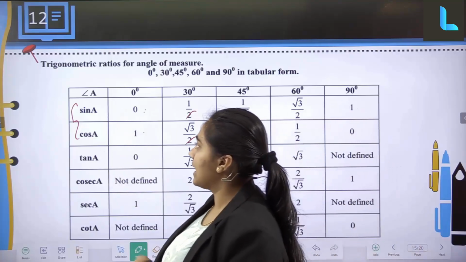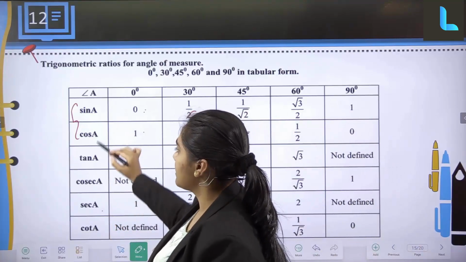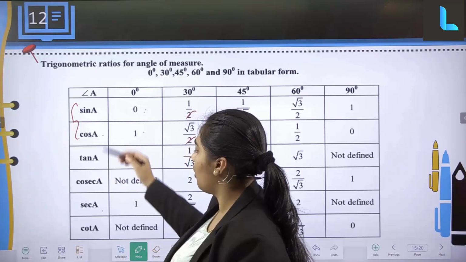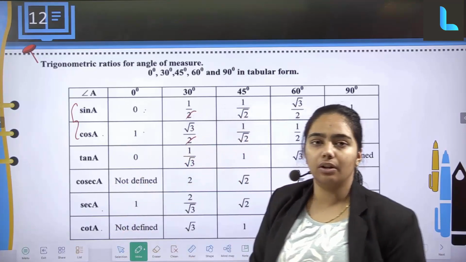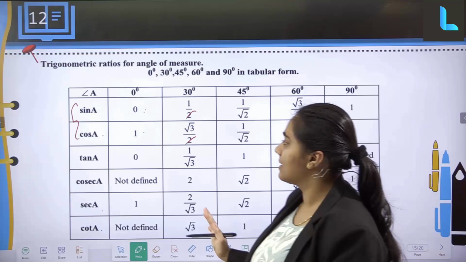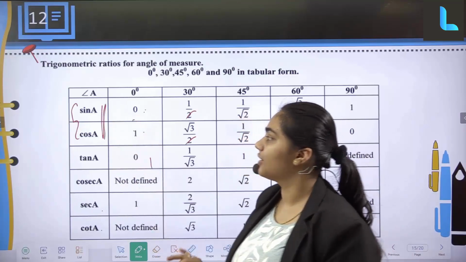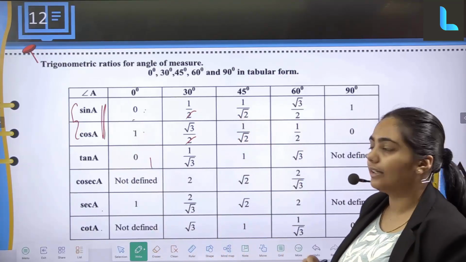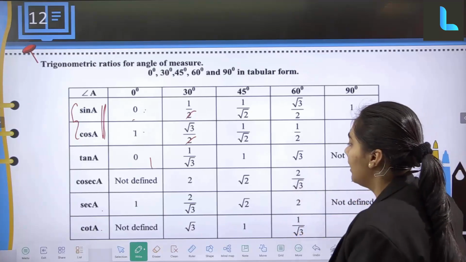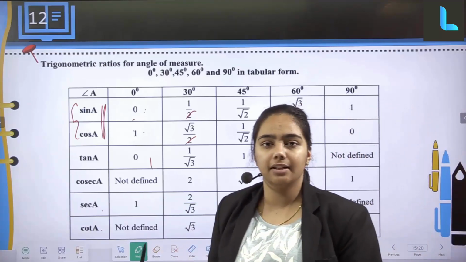Cosecant is the reciprocal of sine, secant is the reciprocal of cos, and cot is the reciprocal of tan. It is very simple. All you have to do is understand this sine A and cos A. With this, we'll start with a few question answers now.